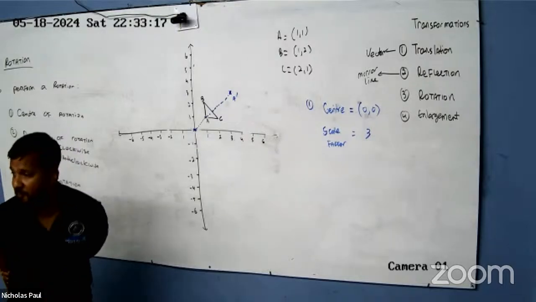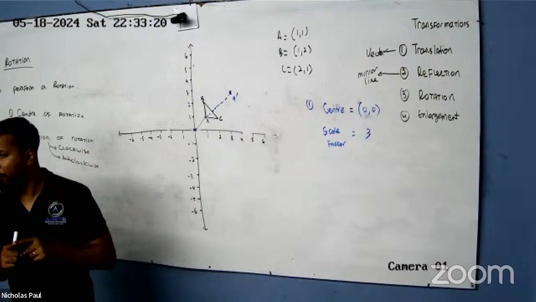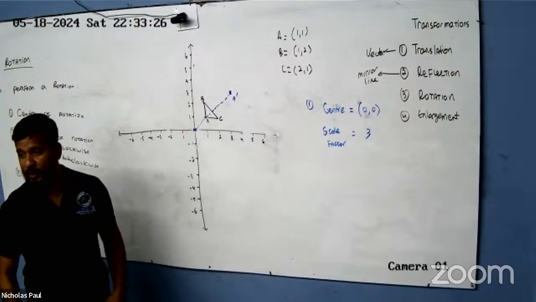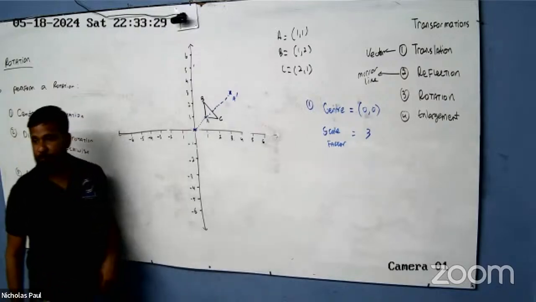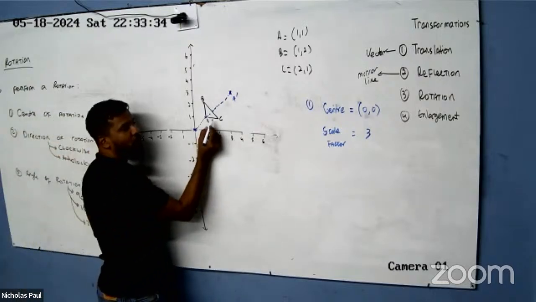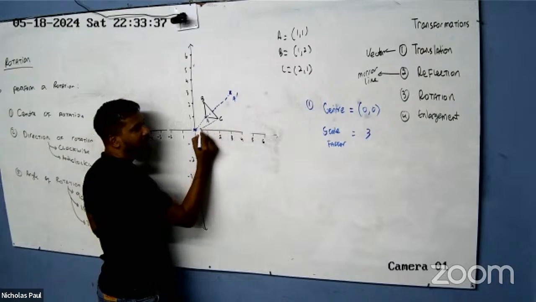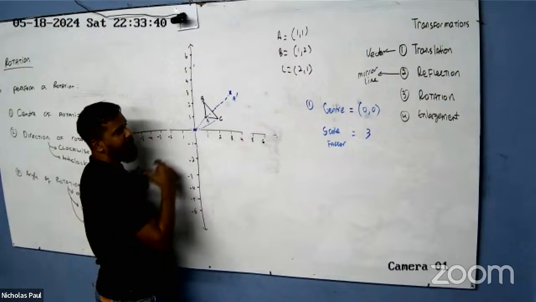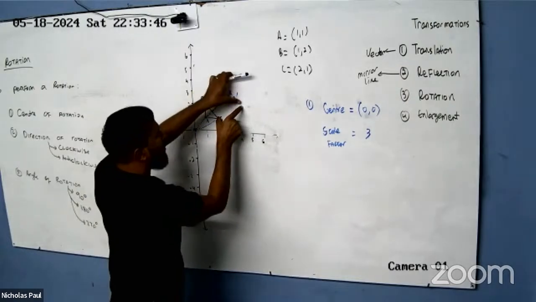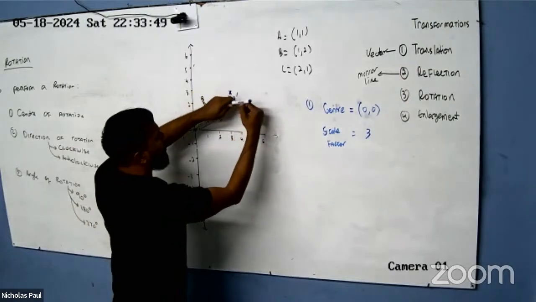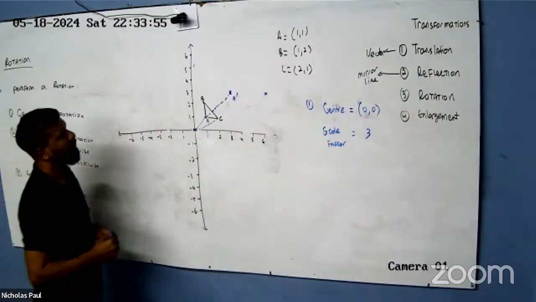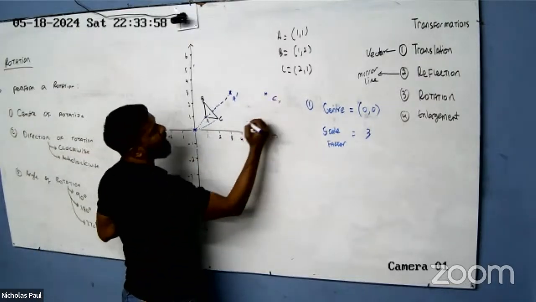Again, if you do it properly, it should be exactly at a proper point, like 3, 3. Once you do it properly, then let's go again. Draw a line from here to here. Draw a line from there to there and draw it 3 times as long. That'll give you C prime.